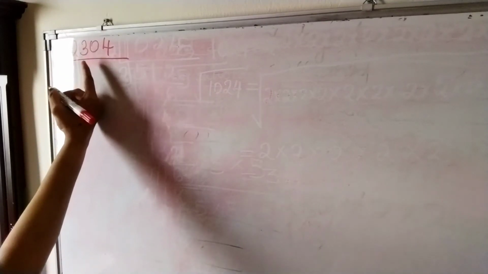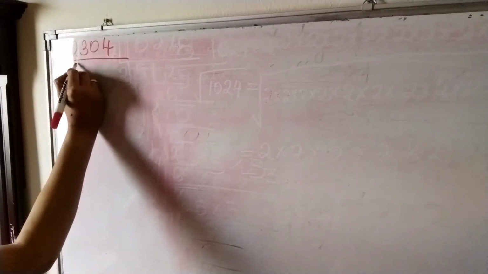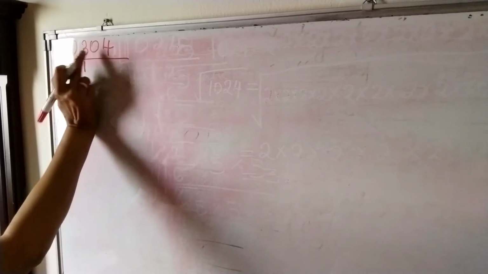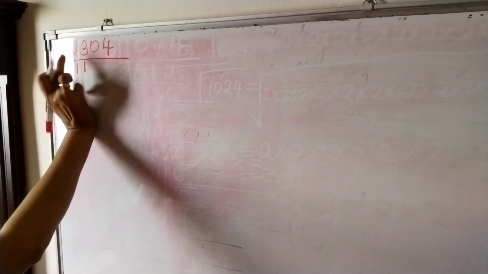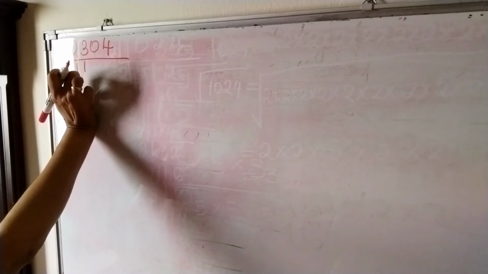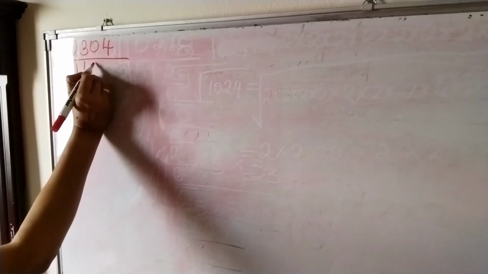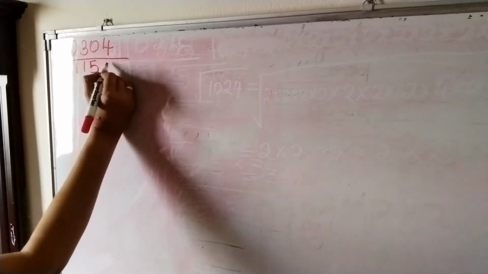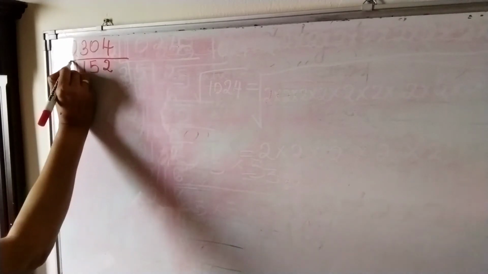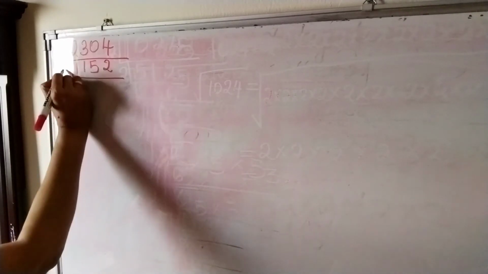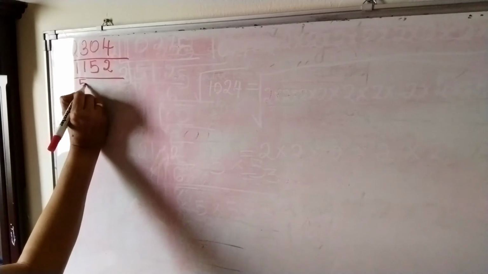How many times does 2 go in 23? 11 2s are 22. Then 23 minus 22 we get 1. 5 2s are 10. 2 2s are 4. Then again 2 will go. 2 5s are 10.